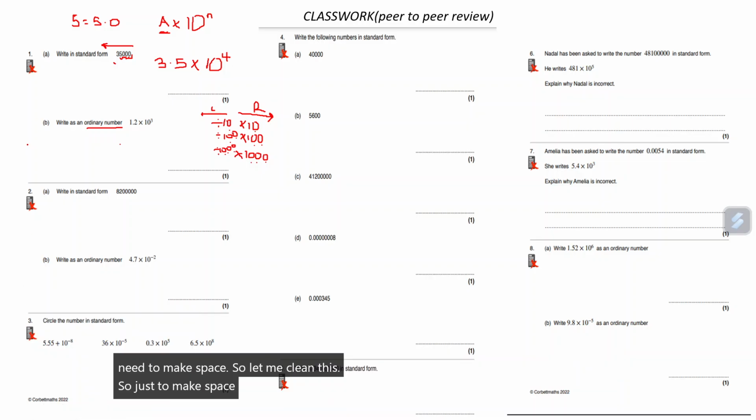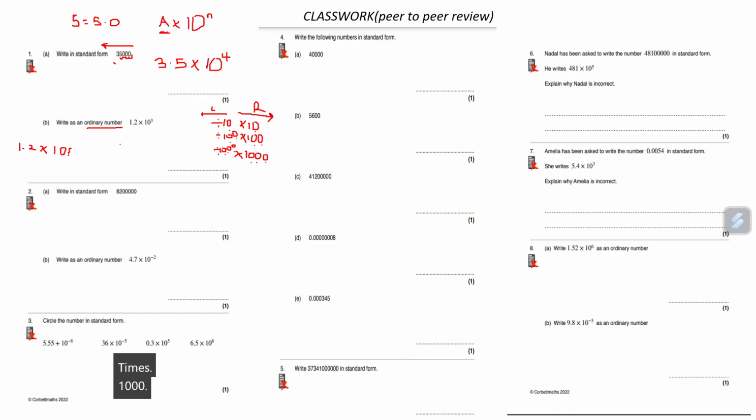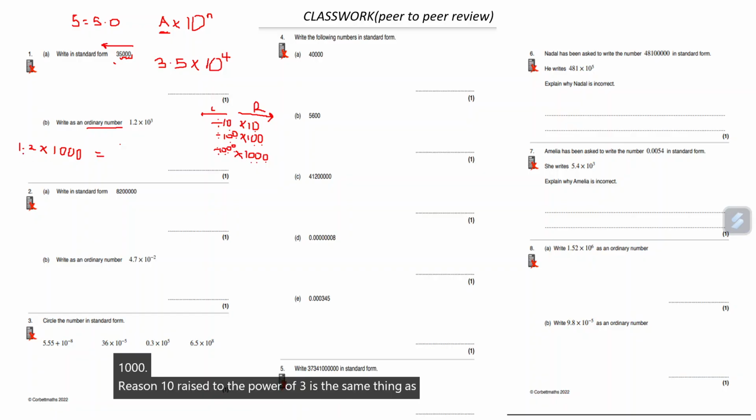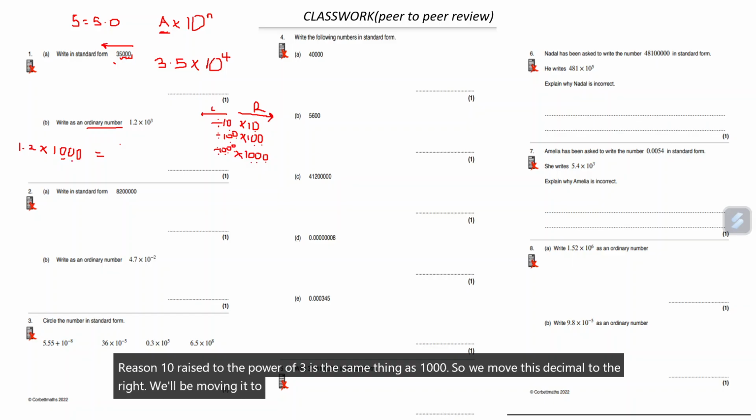So in this case, you have 1.2 times 1000. The reason is that 10 raised to the power of 3 is the same thing as 1000. So we move this decimal to the right. We'll be moving it to the right 3 times.